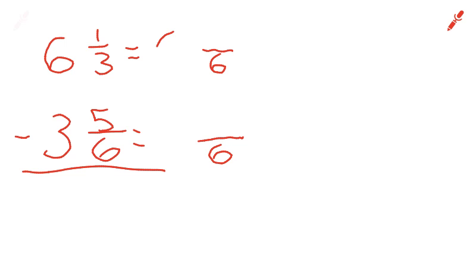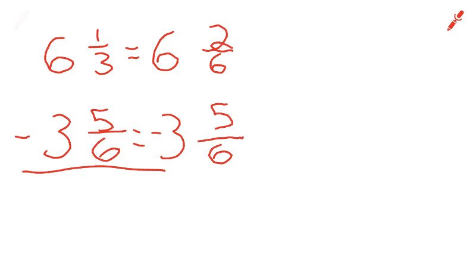So I'm going to bring my whole numbers over here. I ask myself, 3 times what will equal 6? 3 times 2 is 6. So if I do times 2 here, I have to do times 2 up here. 1 times 2 gives us 2. For the other fraction, 6 times 1 is 6, so 5 times 1 is just 5.